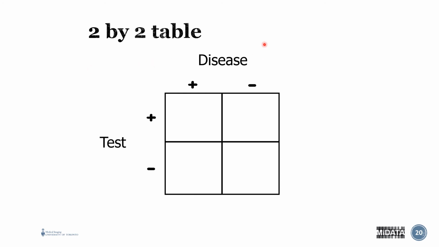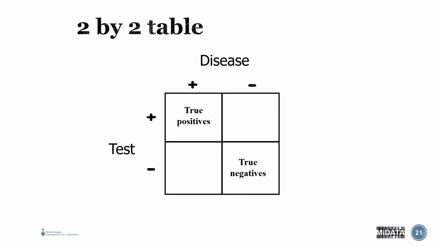In this case, we have disease in columns, positive and negative for disease, and the test in rows, positive test, negative test. Now, what we just stated, perfect discrimination, would have all of the values in these two quadrants, true positives and true negatives.